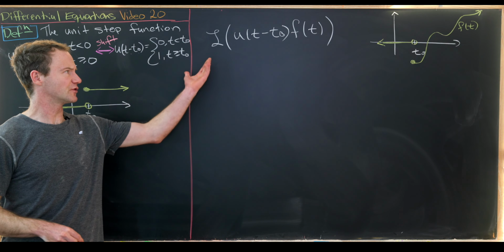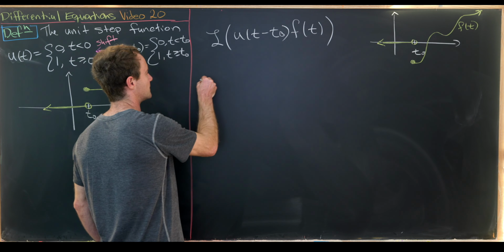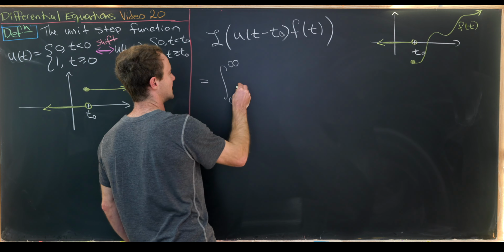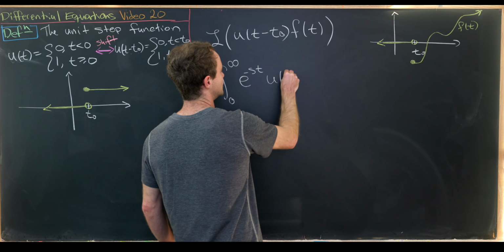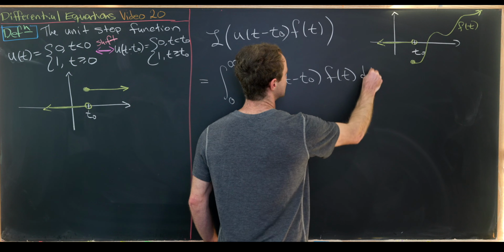Let's go through the calculation of this using the definition of the Laplace transform. This gives us the integral from 0 up to infinity of e to the minus st times u of t minus t naught times f of t dt.